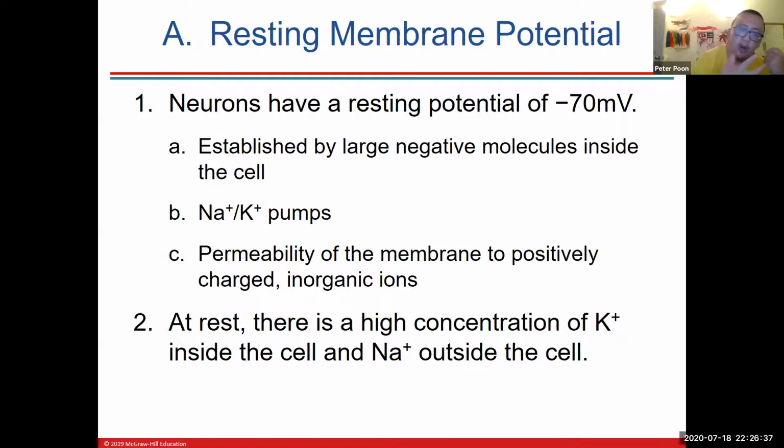There are also large negative molecules inside the cell that can't cross the barrier, like DNA, which generates a negative potential inside the cell. At rest, there's a high concentration of K plus inside the cell and a high concentration of Na plus outside the cell. These two things are going to become really important in a little bit.